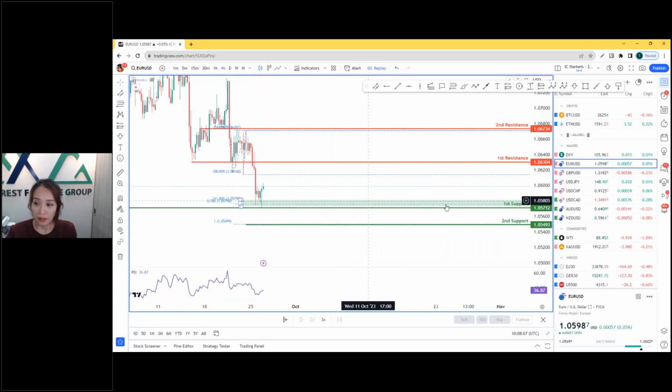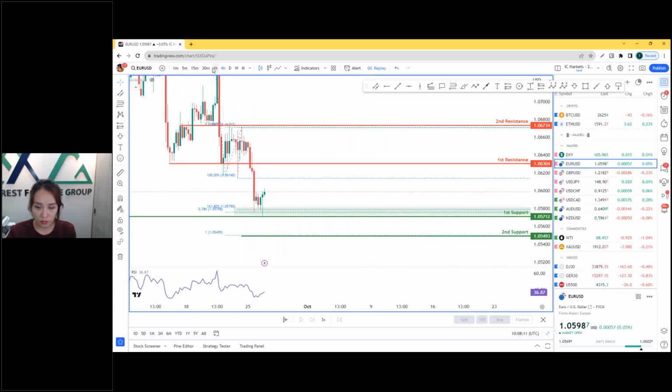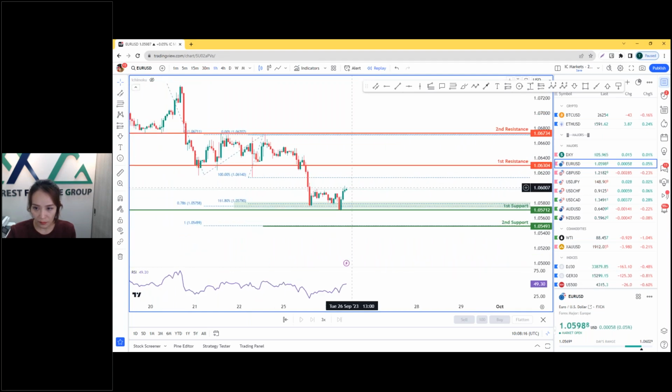Again, the price action, you can see the long wick price action, even when we go to the H1, still bounced off from here because it bounced off at the support level.